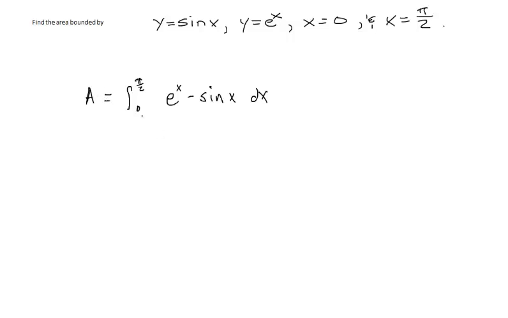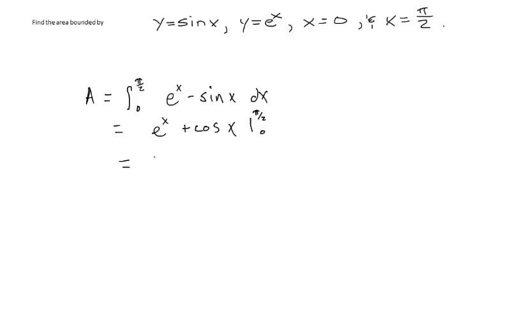And now we need to integrate and evaluate this. So we have e to the x, the integral is e to the x, and then when we integrate negative sine x, we get positive cosine x, evaluated from pi over 2 to 0.